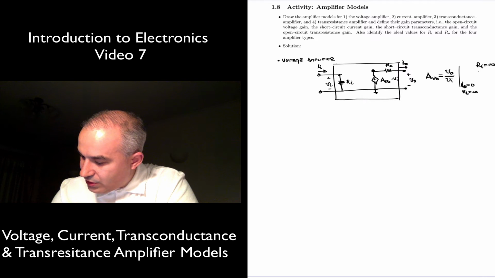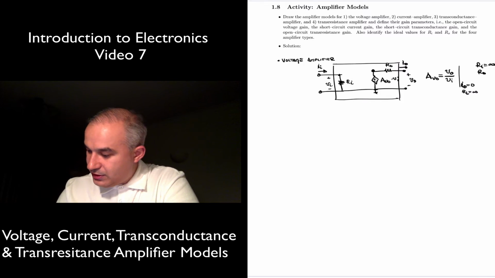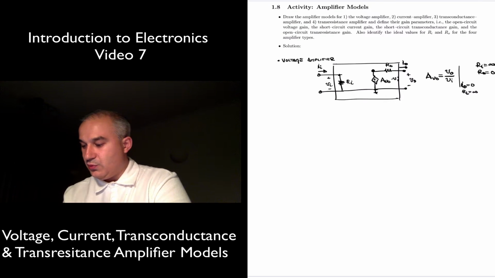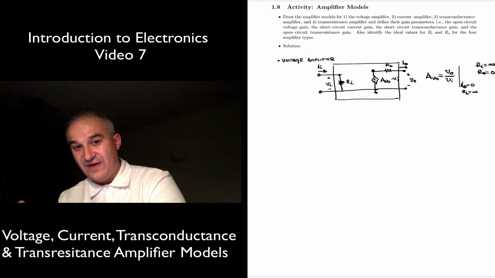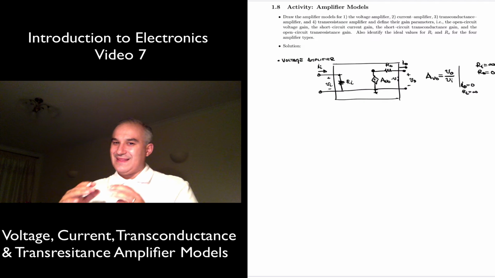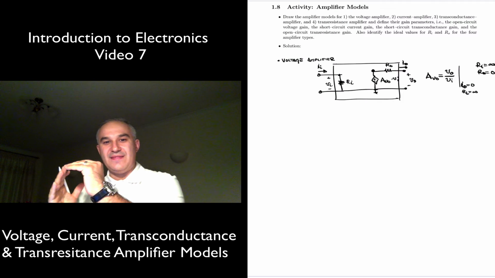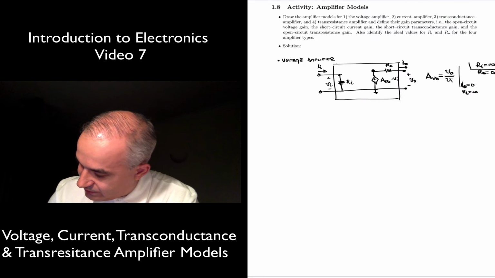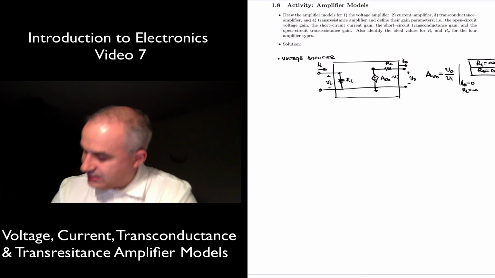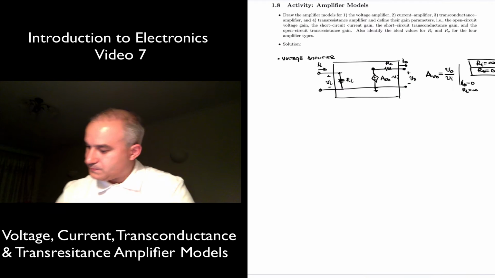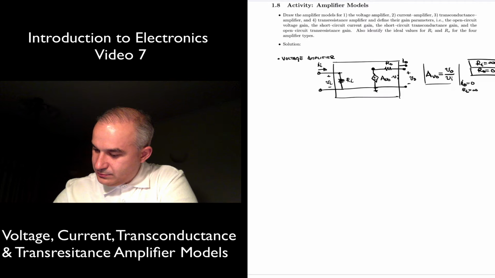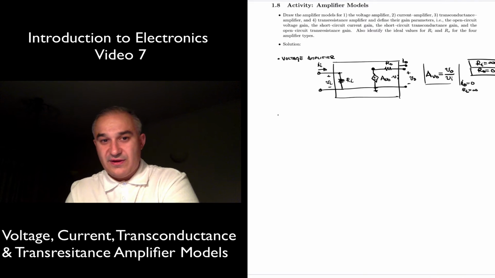And similarly, we will want our Rout in the output to be equal to 0, because like that, once we connect a load, we do not have a voltage drop, we do not have loading effects, and we will be able to maintain a stiff output voltage independently of the load. The load could be very small, and the amplifier will be able to do that. So those are the ideal parameters for the voltage amplifier.